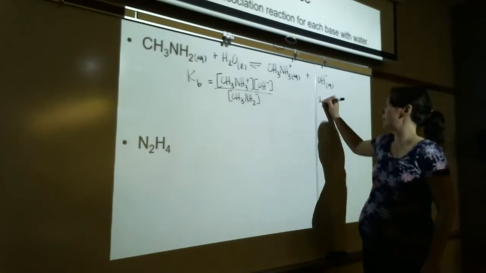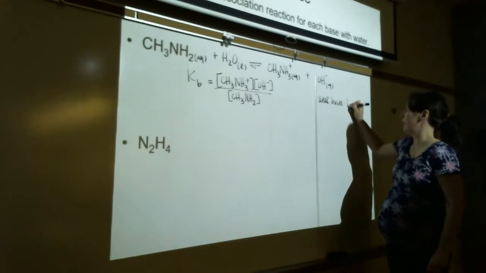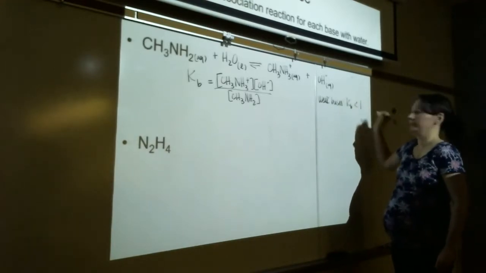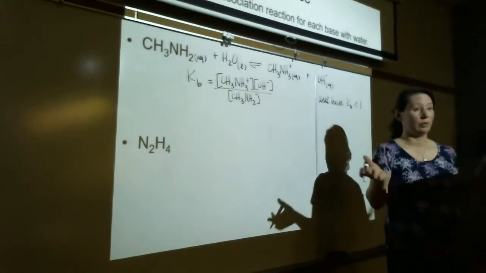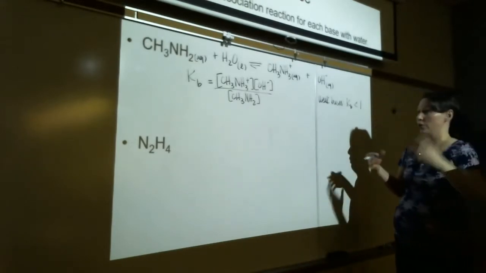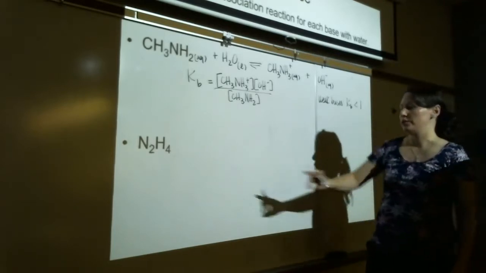Weak base, right. Kb is less than 1, right? And remember, there are only 3 strong bases that you're responsible for identifying, so we're assuming all the other ones are weak.